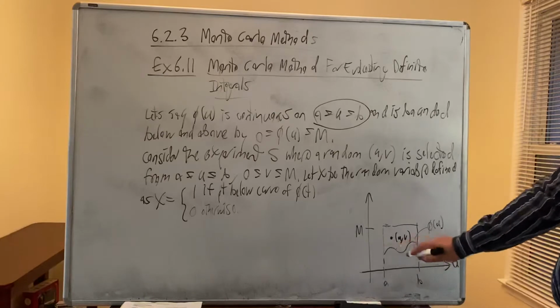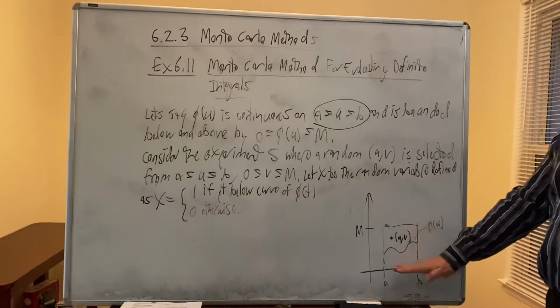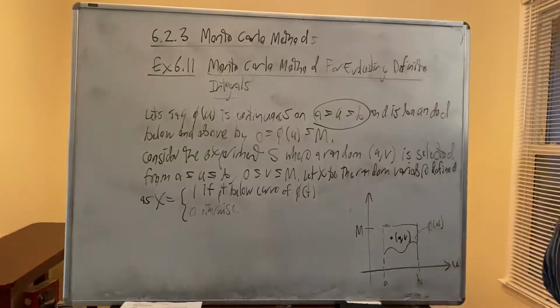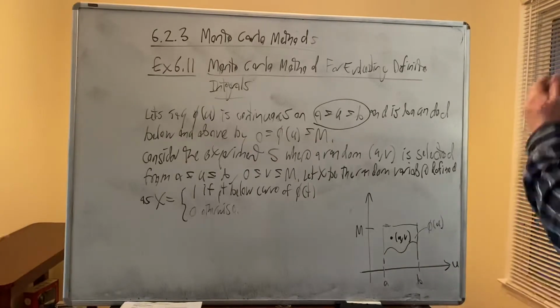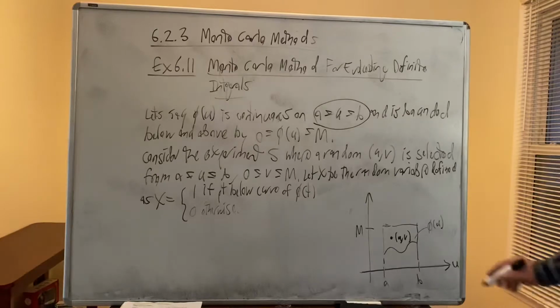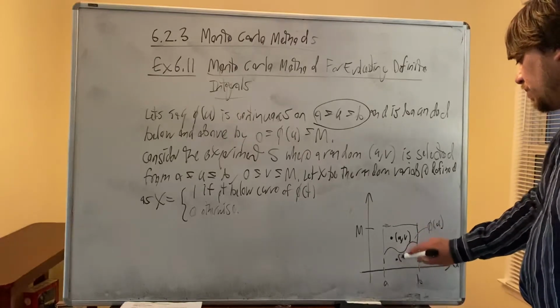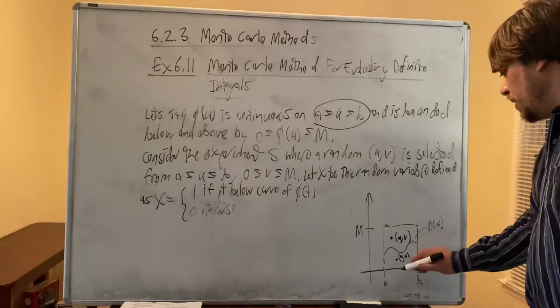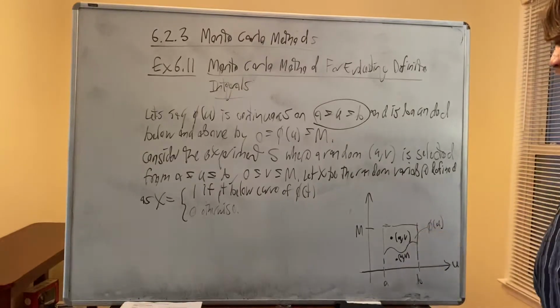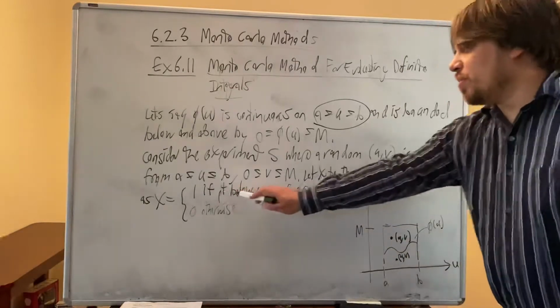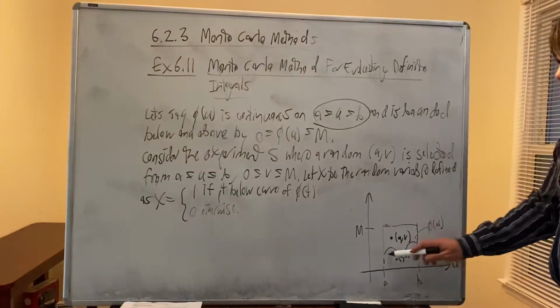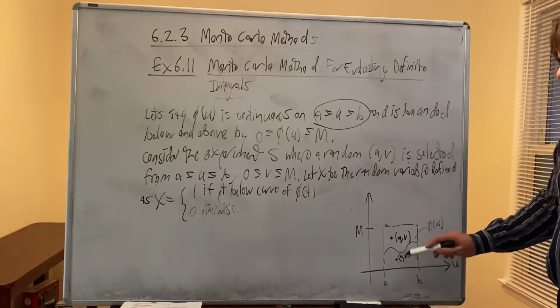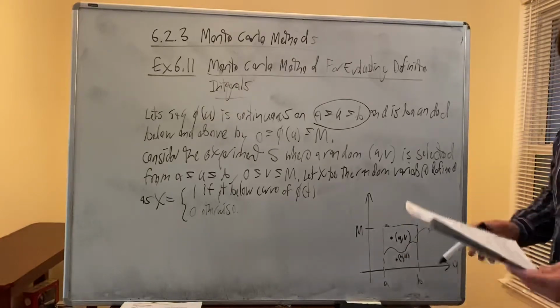Okay, so it's a continuous function, and it's bounded above by capital M and bounded below by 0, and it's defined from a to b. So if (u, v) is a point in here, then X of that point would be 1. Here, X of that point would be 0. Okay, so X is 1 if the point is below the curve phi. So here's phi, so the point's below it, X is 1 here, X outputs a 0 for that point there.